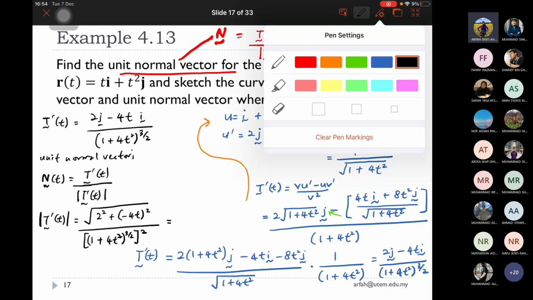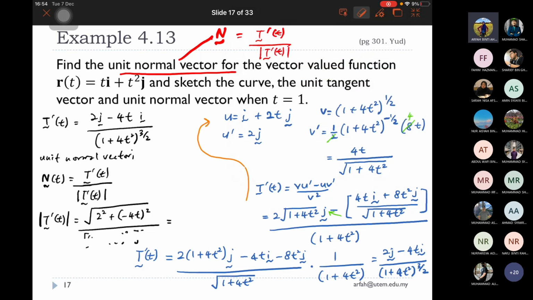Oh tak, yang bawah kita tak kuasakan 2. Yang bawah dia remain as it is, sebab itu adalah Euclidean length. So dia akan dapat square root 4 kali 4, 16t squared tambah 4, per 1 tambah 4t squared kuasa 3/2. Okay. So settlekan for this one.